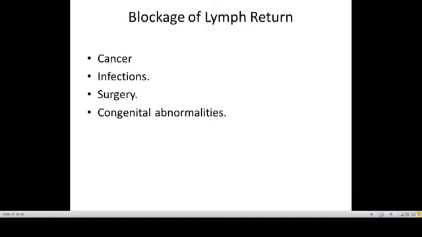The fourth factor is blockage of lymph return. The causes may be cancer, infections by parasitic microscopic worms, surgery in which lymph vessels are removed or obstructed, and congenital abnormalities.